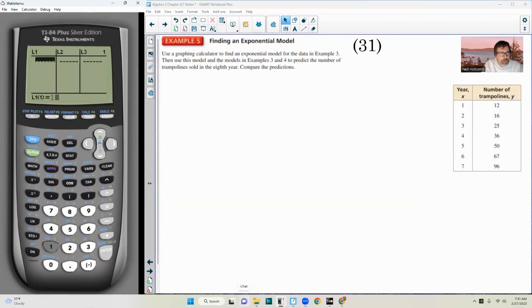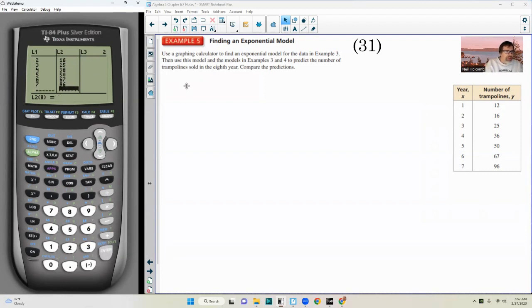So I'm going to hit 1, 2, 3, 4, 5, 6, 7. Okay, then to get to L2, you arrow to the right. So now the cursor's over here next to 1. Well, what was y when x was 1? It was 12. So I want 12, 16, 25, 36, 50, 67, and 96. Okay, so I just entered all of that data.